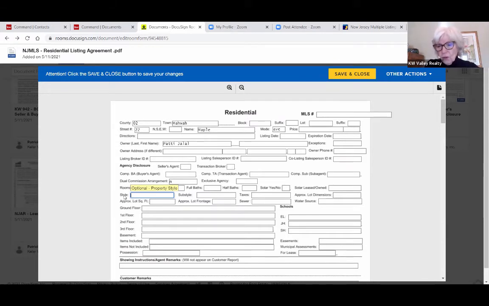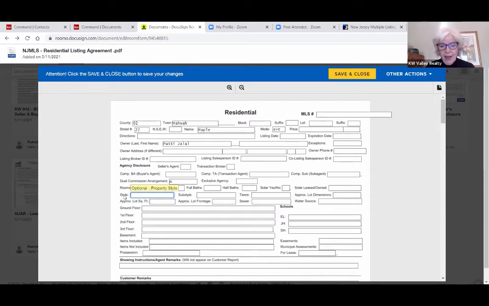What's a center hall colonial, side hall colonial, French colonial? What's a bi-level? What's a split level? Sugar maple split, Cape Cod, all of that. So take some time and do that.